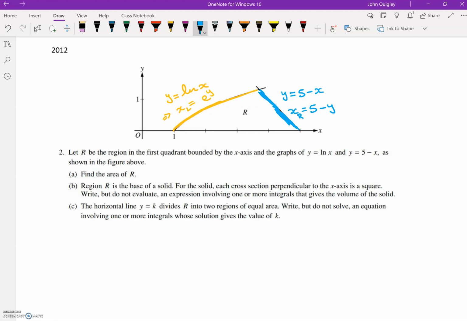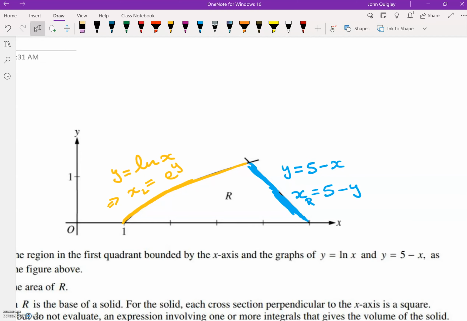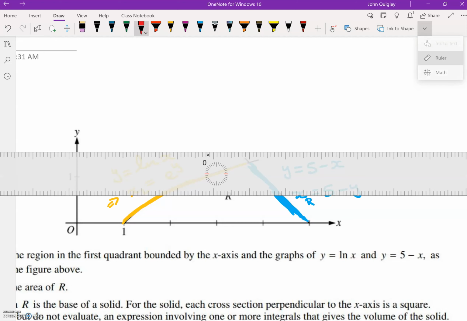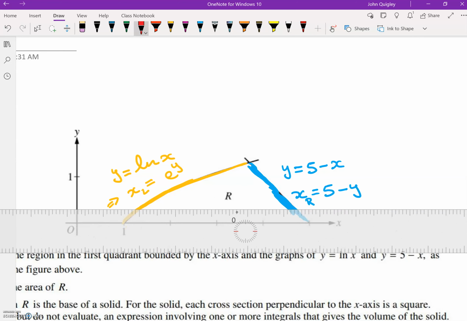So the next thing we're going to do is read the question again. The horizontal line y equals k divides R into two regions of equal area. So let's draw that. Let's blow this up a little bit and let's draw a line y equals k.